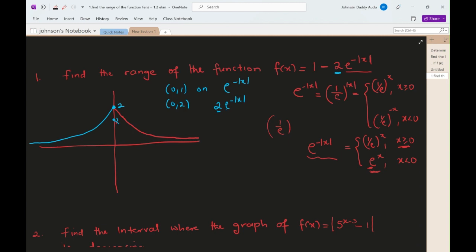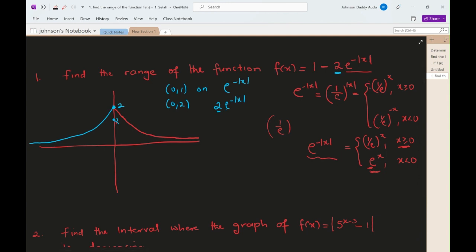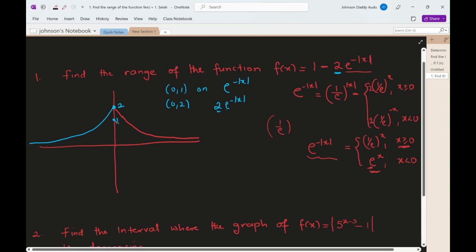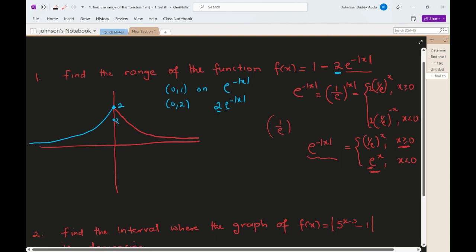Okay. So now this is our graph of 2 e to the power minus absolute value of x, if you like, where from the beginning you can make the 2 a coefficient here. Now we have a minus. What does this minus represent? This minus means that we have to reflect across the x-axis.